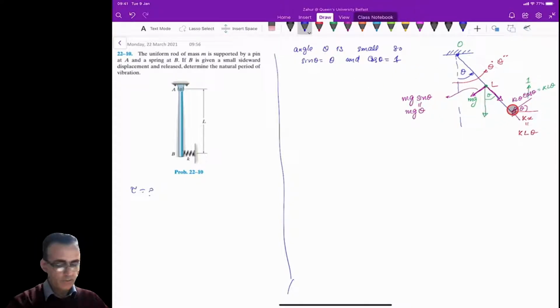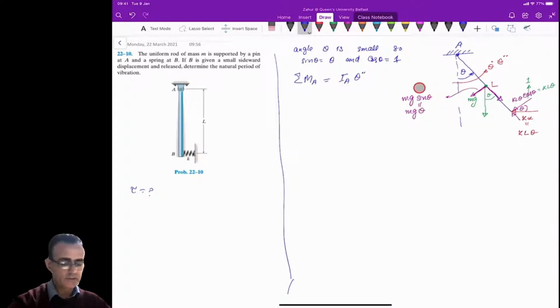Okay, so if you take the summation of all the moments, this is our point A here. So the sum of moments at A equals IA theta double dot.